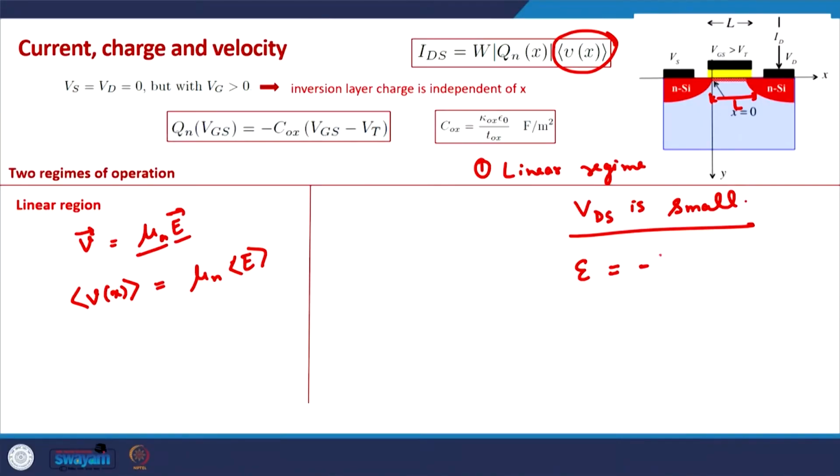So, this can be written as minus VDS by L. So, it can be assumed that this voltage VDS drops uniformly across the channel.